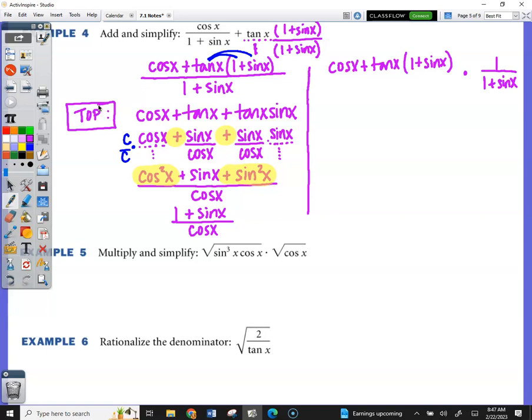That was just the top. The bottom. Let me color coordinate here. This was just the top, which is now this. You probably can see where this is going, but now I've got to put it back in the top. I'm going to erase this because I have no room.